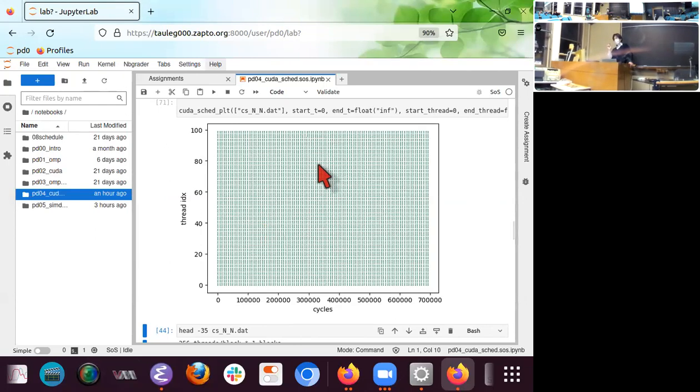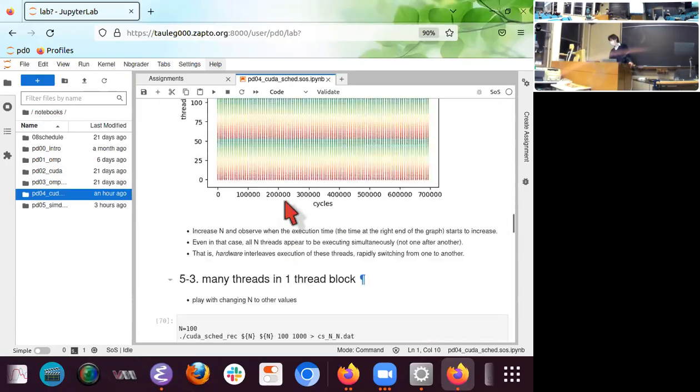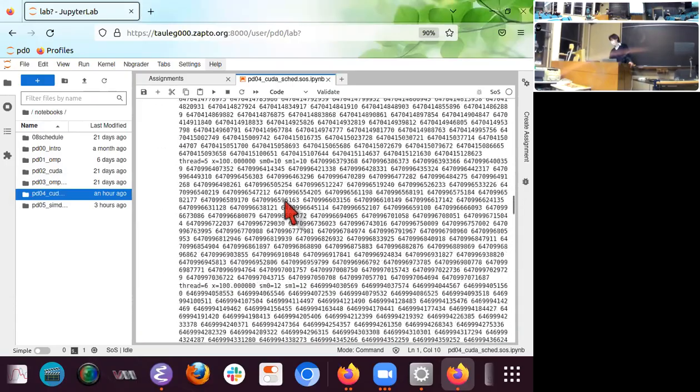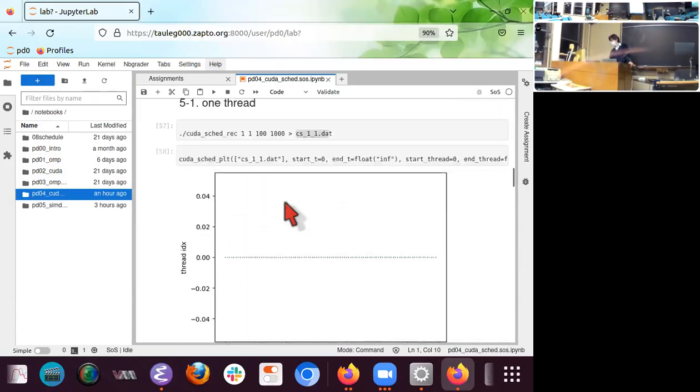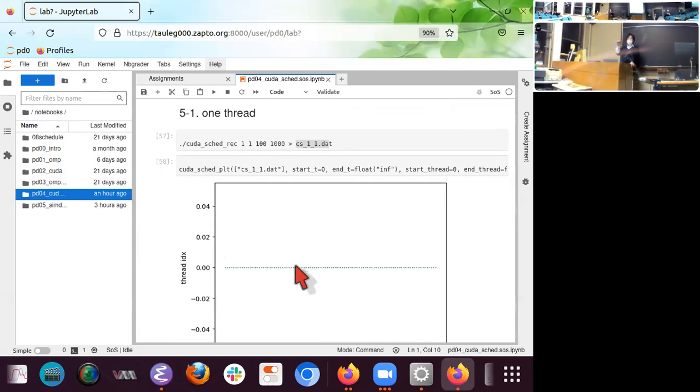And actually the other side of the same coin is that, even though the GPU has so many resources to execute calculations, a single thread alone cannot utilize all of them. Like we just witnessed, even when you have only a single thread, a single AX plus B still takes something like 7 cycles, right?